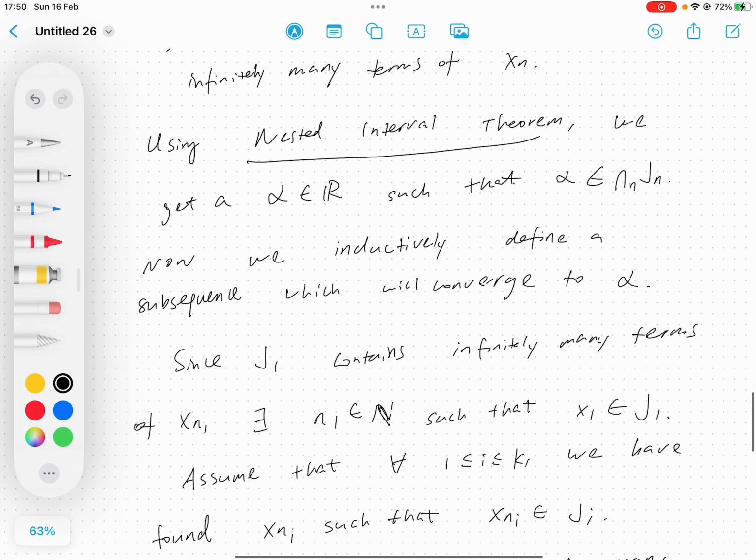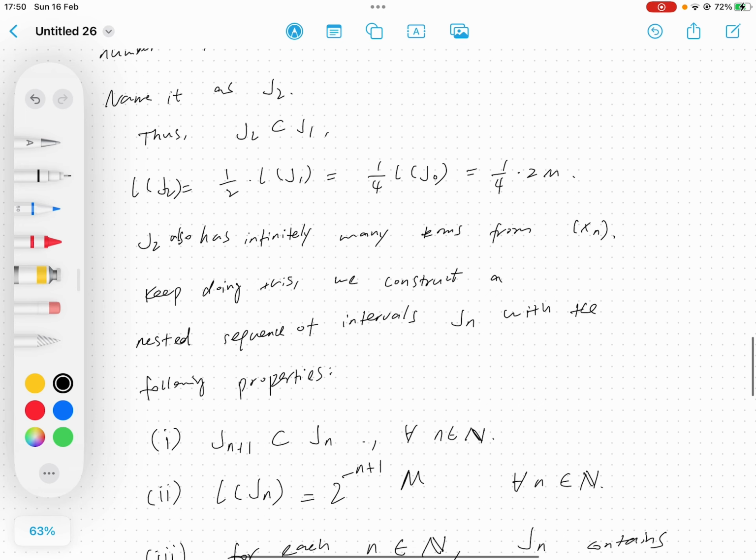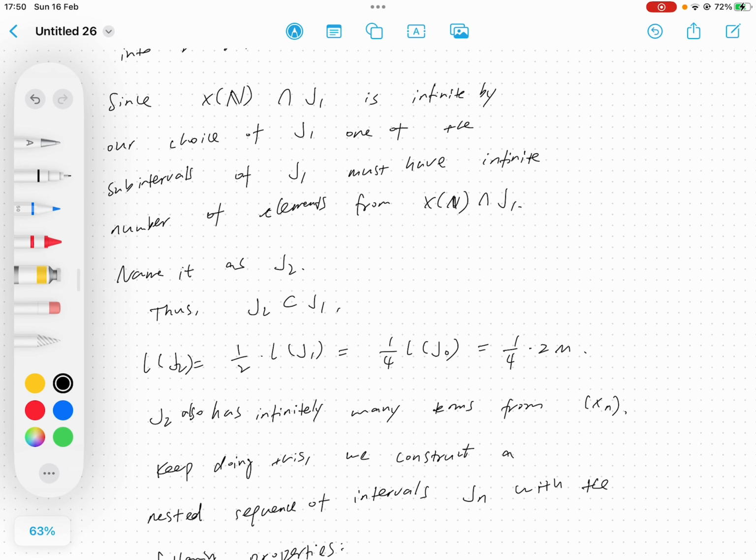Good. So, all right, maybe we should fix this, right? We should have this as 2 to the minus n plus 1. All right, good. So from this proof, we have iteratively constructed a lot of nested intervals, and then we use the nested interval theorem to help us find the limit of the convergent subsequence.